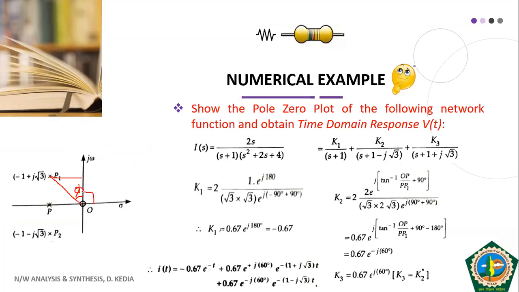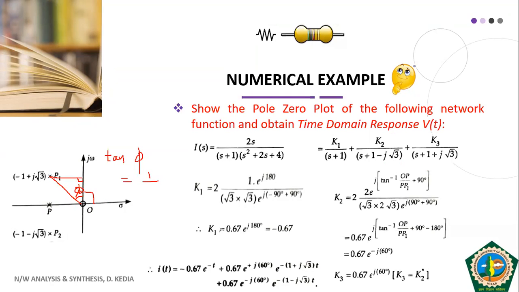What is tangent phi? If you consider this triangle, tangent phi will be equal to perpendicular upon base. And what is the perpendicular value? The perpendicular is equal to OP. And what is the value of OP? OP is 1.